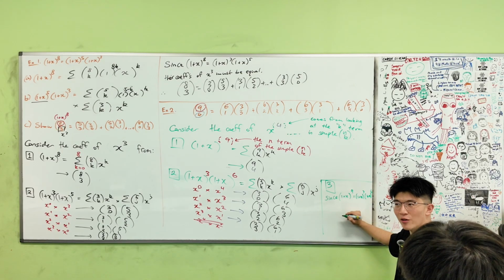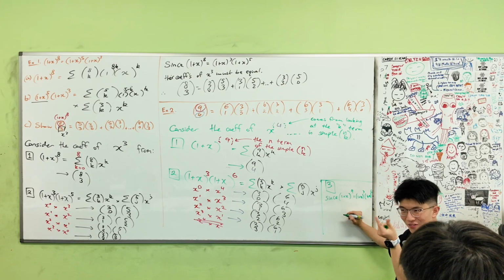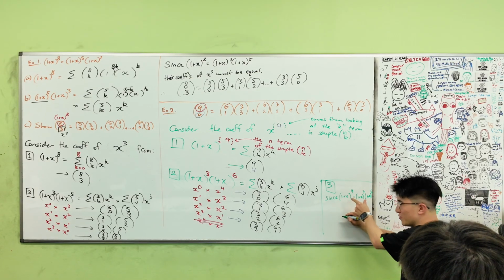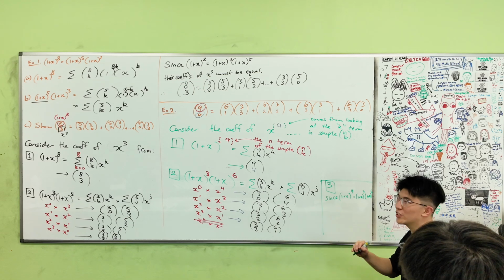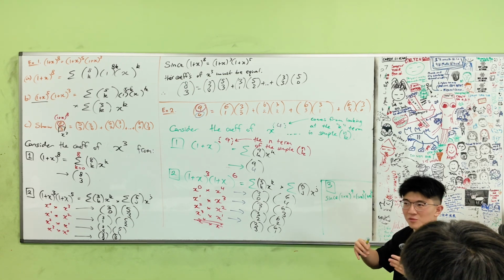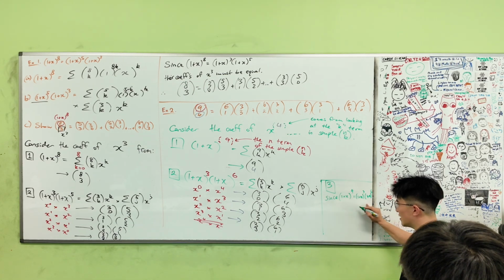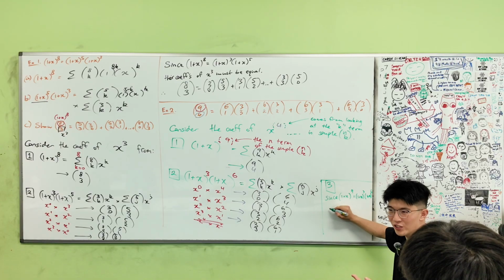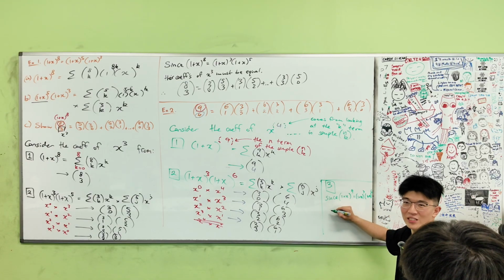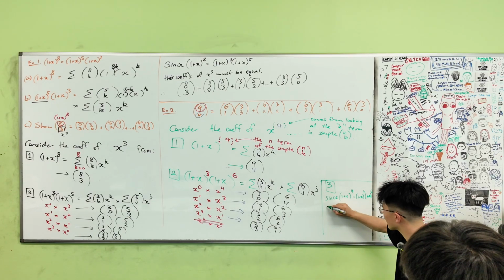And then you say we are now allowed to make what equal? These two are equal, so the thing we're looking at, the coefficient. So you could say like we can make the coefficient equal, the coefficient must be equal. You could say, since this is true, we can equate the coefficients. That's another fancy way of saying it. That's why it's called equating coefficients.